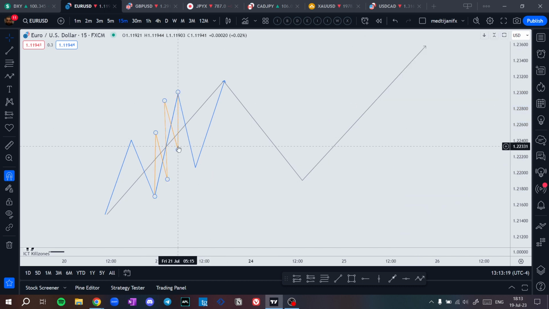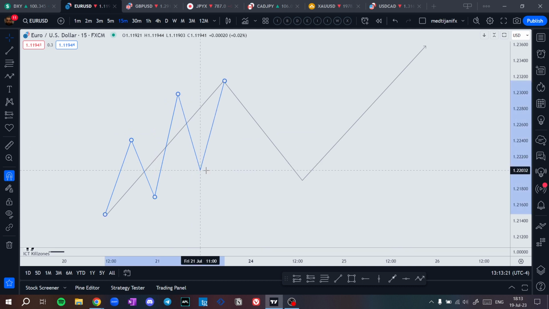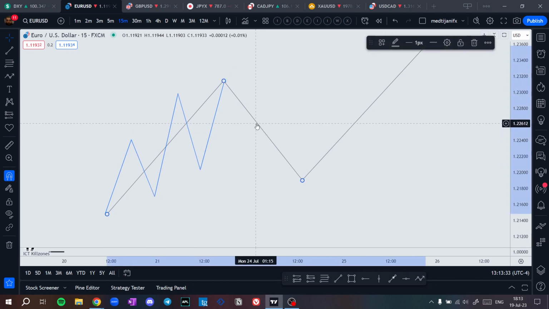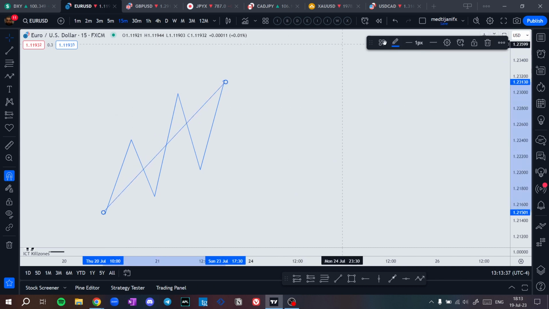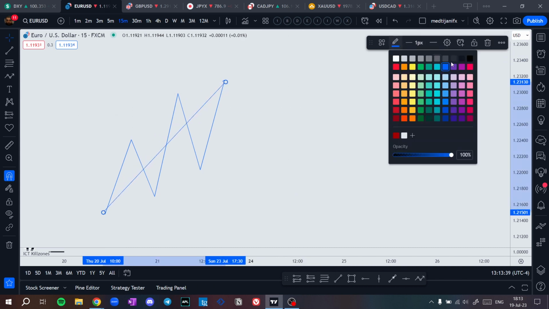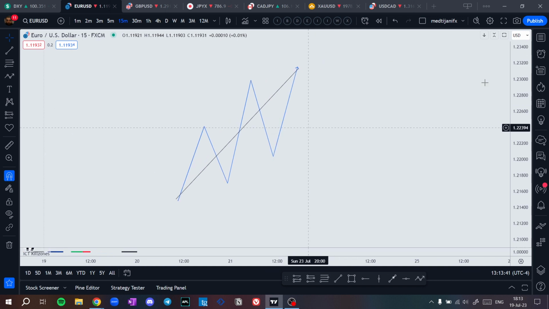So what I do at this point here, I know the daily is bullish, right? And I know the 4-hour is bullish. So if I want to be bullish here, let's assume that we don't have this. We have only this one. We have only this price action, right?